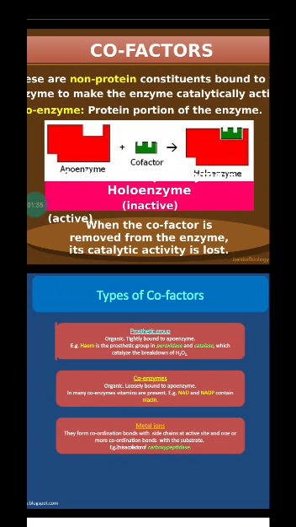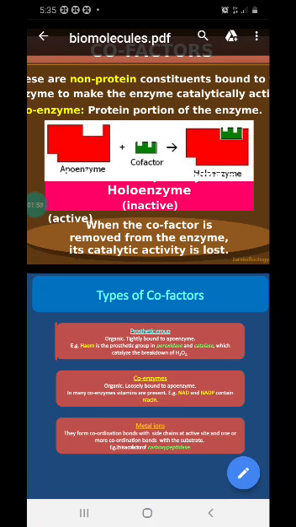Okay. Now, what is the difference between prosthetic group, coenzyme, metal ion, and all that? A prosthetic group is very tightly bound to the apoenzyme. Clear? Whereas a coenzyme is only transiently bound to the apoenzyme.